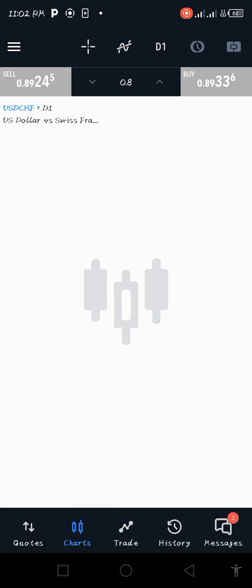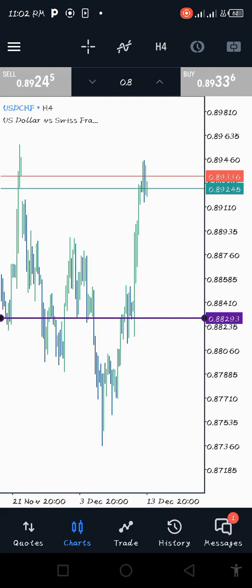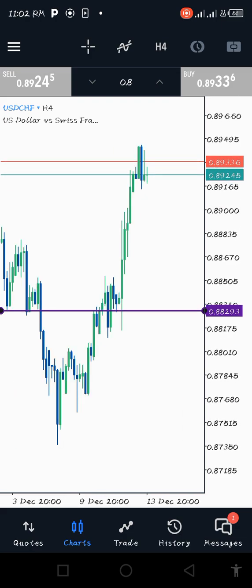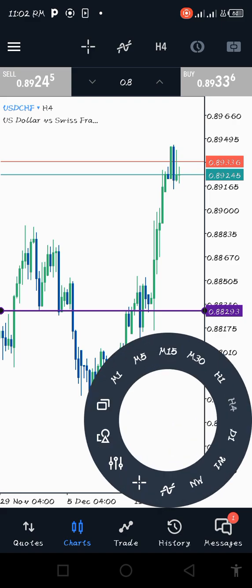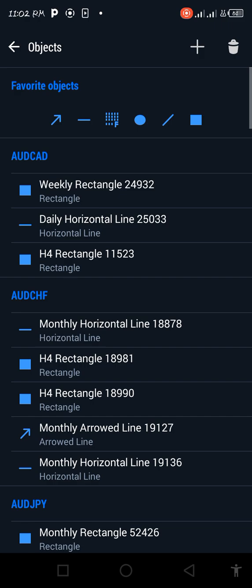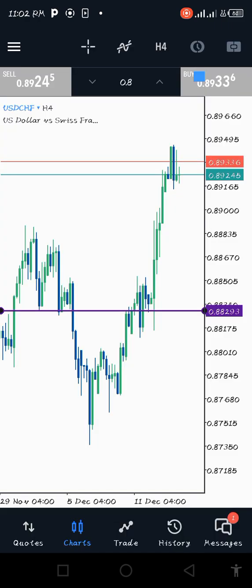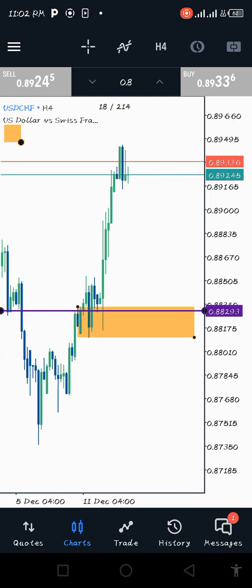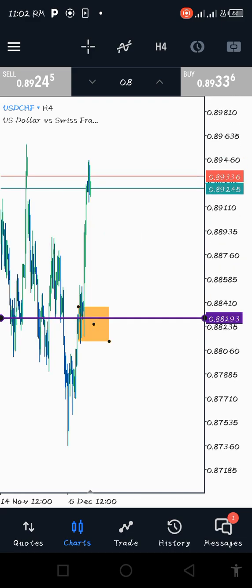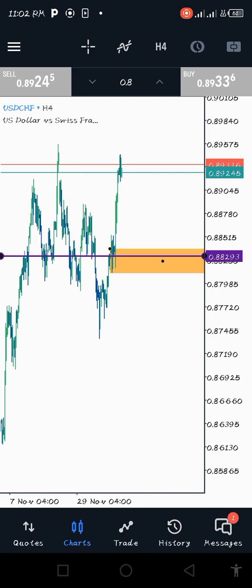So if I move to the 4-hour time frame, I can understand where to look for buying opportunities on this pair. For our time frame, that is where we are currently, and I can draw this first zone. This is a zone where I can expect USD Swiss franc to push from and give us a buying opportunity. Simple and clear. So that is one zone.